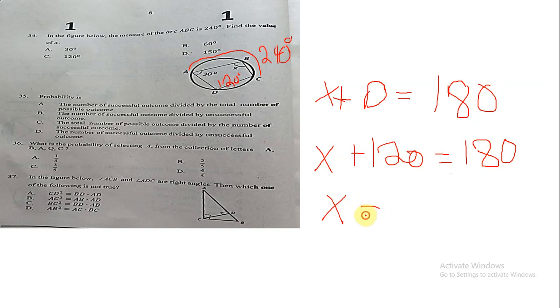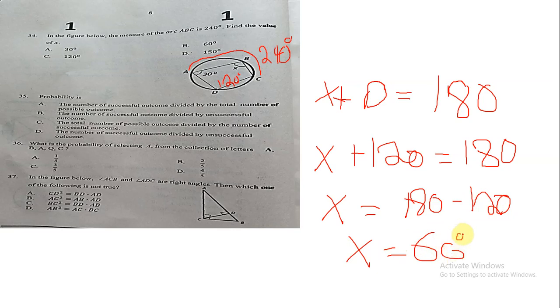Then x is equal to 180 minus 120. Then x is equal to what? 60 degree, which is in choice B, 60 degree.